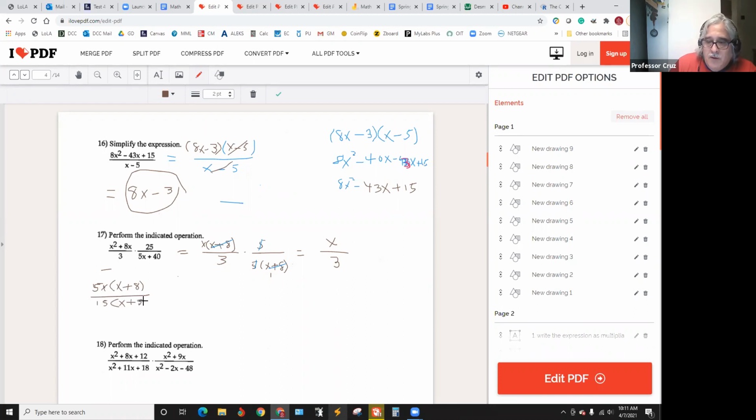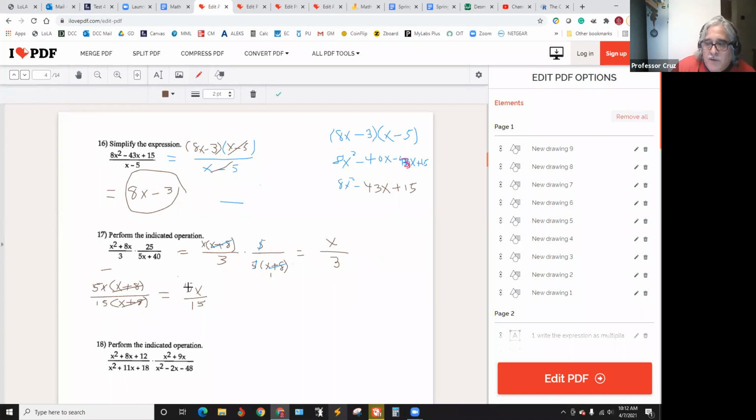Now, still going to simplify out. It's just that if you do your simplification before you multiply, it's simpler, but that still comes out. And then you're left with 5x over 15.